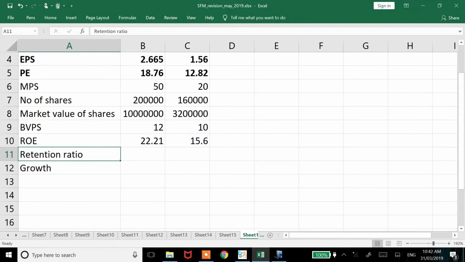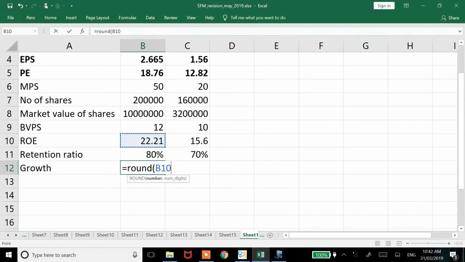Retention is 80% and 70%, and growth is multiplication of these two, 17.77 and 10.92. That's the growth the entity is going to have. Any doubts on this?